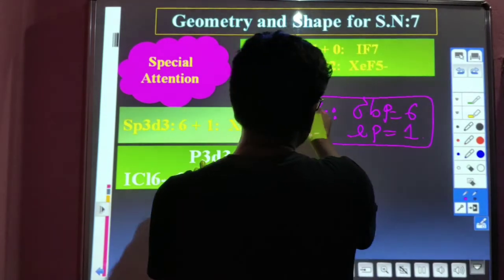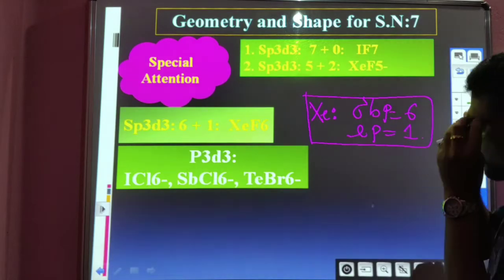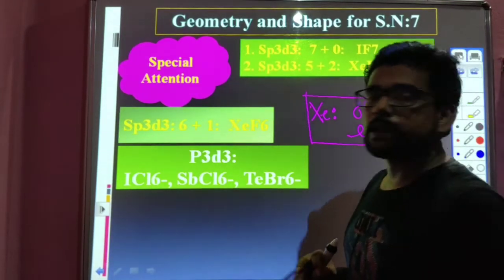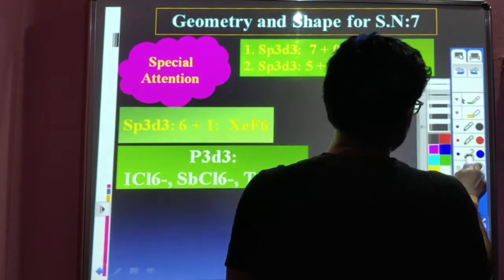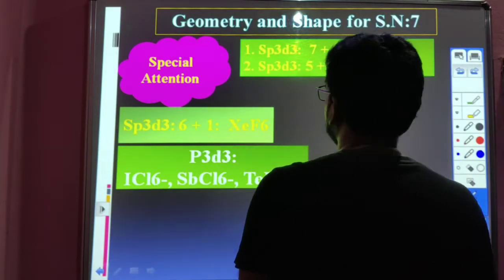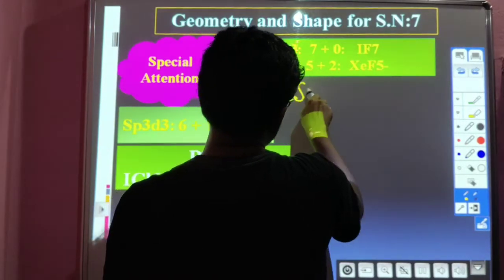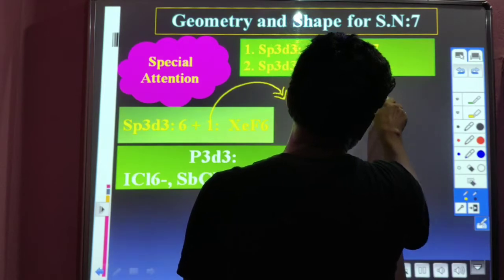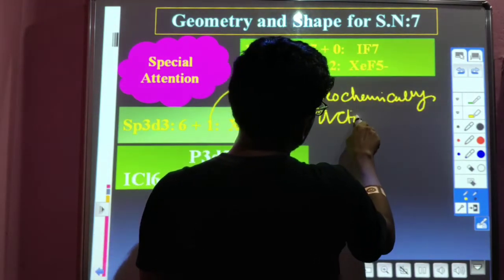Now look at it very carefully when I draw the shape of this molecule. The geometry will be very interesting. For XeF6, this lone pair is stereochemically active lone pair.